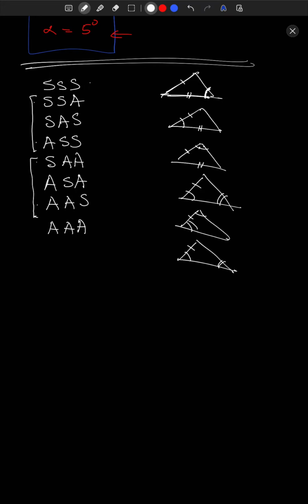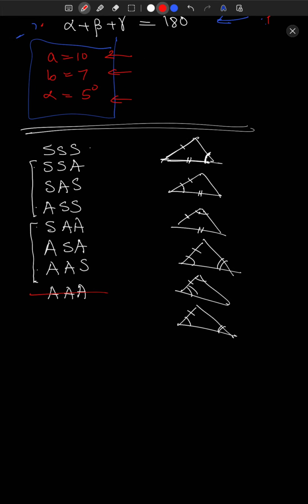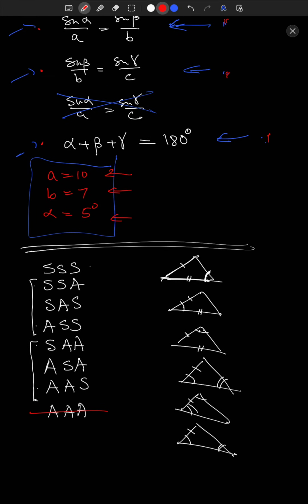let's actually throw away one of these. So this last one, AAA, that one's no good because that's actually not 6 pieces of information if I give you AAA. Because what happens is we had 3 pieces of information from our law of sines, 2 law of sines, right?